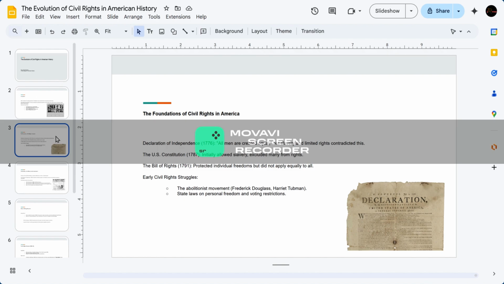So basically, everything that was not extended inside the Declaration of Independence, people made movements on and pushed outwards in that area.